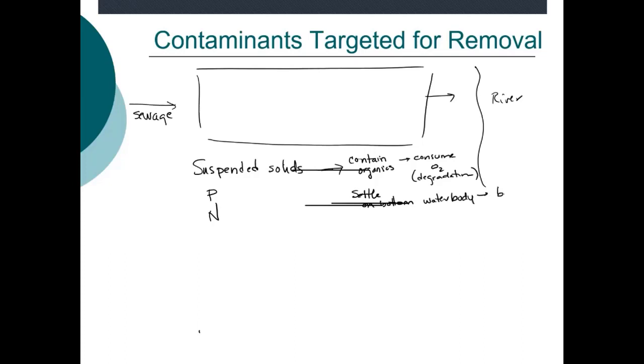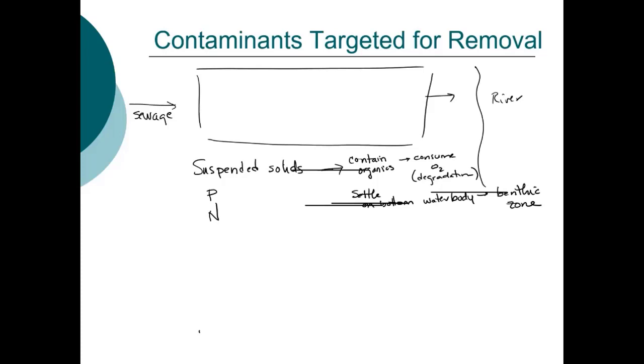And that changes what we call the benthic zone. So for instance, if you have a rocky benthic zone, the bottom of the river, now you fill in the rocks, and that changes the habitat. For certain organisms, fish for instance, they need that rocky zone in order to hide from predators.